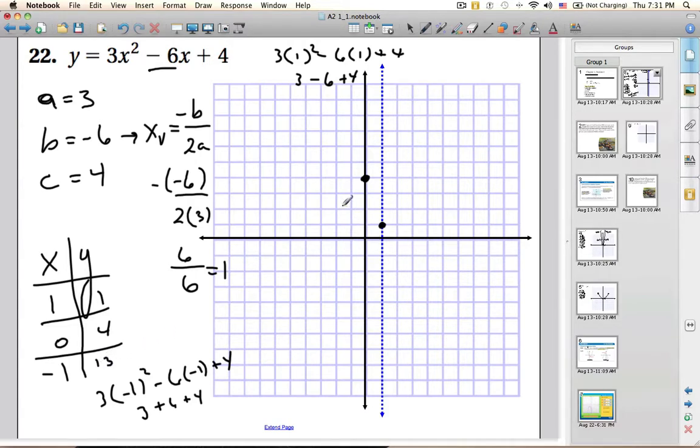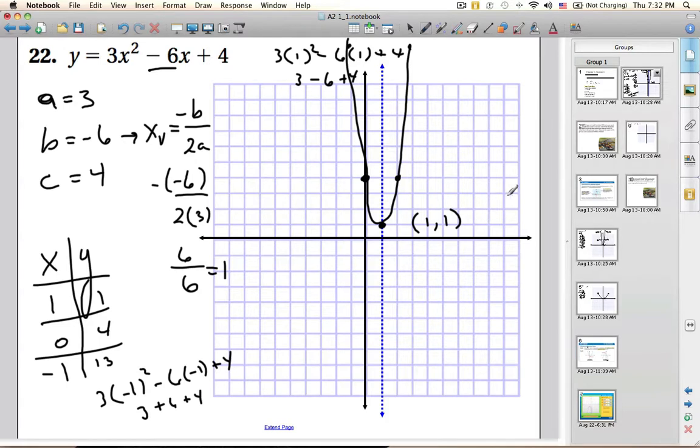So again, it's going to be up off my grid, probably somewhere up about here. If I use symmetry, I can plot this point over here. Remember, again, same distance from the axis of symmetry, and the same y value. And the same up here. And this is going to be our graph. Our vertex is the lowest point on my graph, and it's at 1, 1.